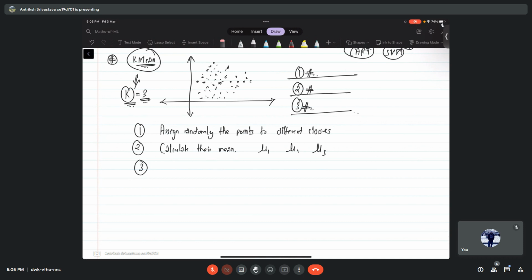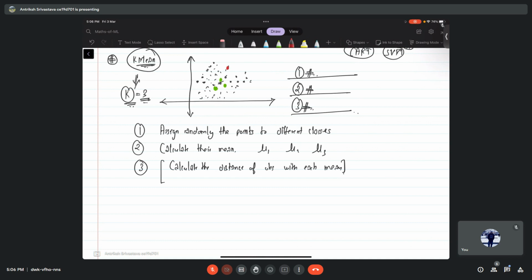Third step, we have to do this for all these points: calculate the distance of observations with each mean. So let's say we did the random assignment, and one mean came here, another mean came here, and the third mean comes here. Now we are going to calculate the distance of each point.